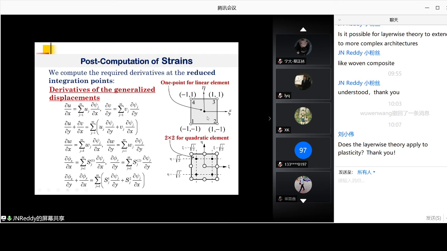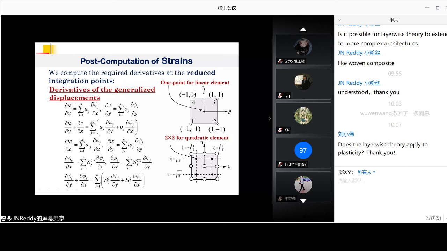But in doing that, we use reduced integration points. The reason is that the solution U is of some degree, but du dx would be lower degree, right? So that is why we have to evaluate the derivatives at low order, because those are low order polynomials. du dx is a lower order than U itself.